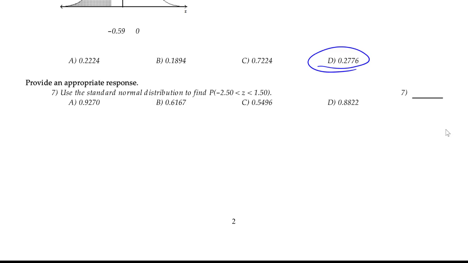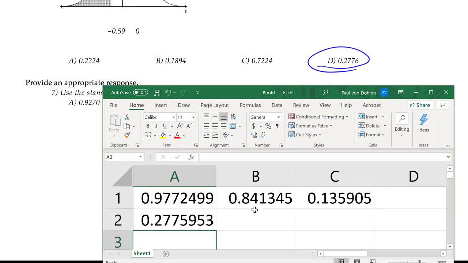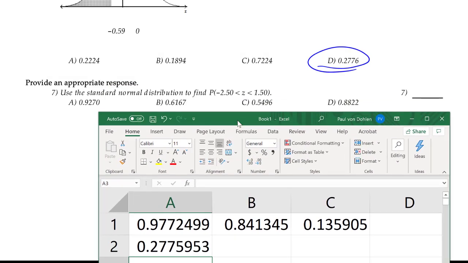Standard normal distribution, the probability of z being between negative 2.50 and 1.50. Well, I'm glad I kept this other calculation here, but that's a difference between two.